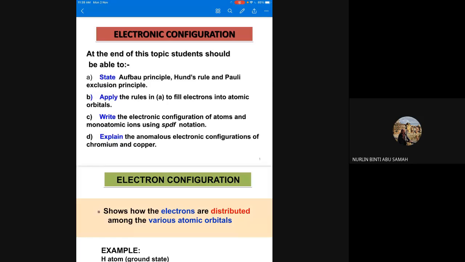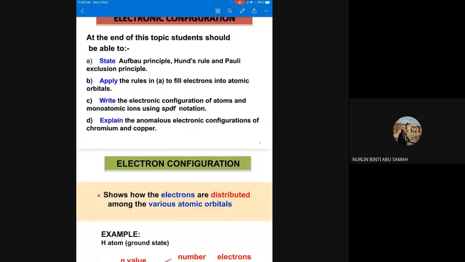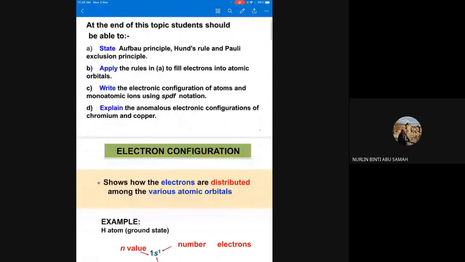Here we have the Aufbau principle, Hund's rule, and Pauli exclusion principle. You need to apply all those rules to fill in the electrons. Otherwise, you cannot fill in the electronic configuration correctly.